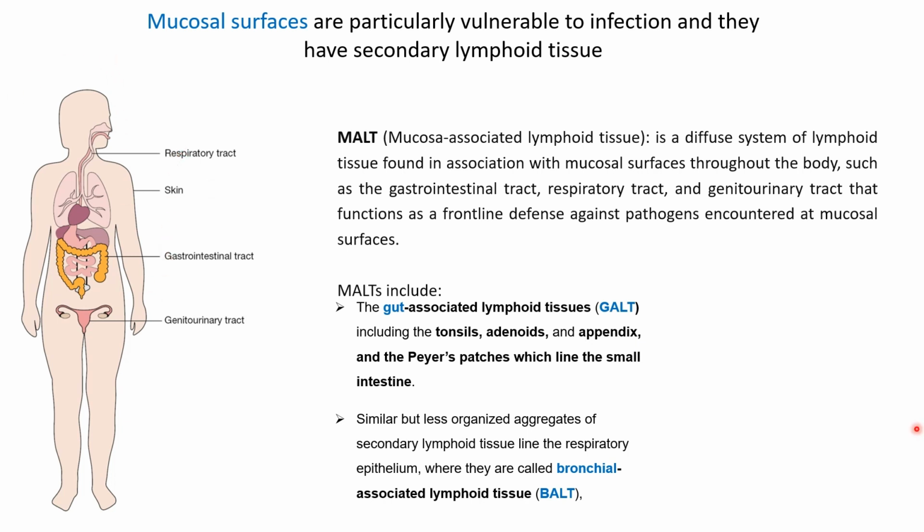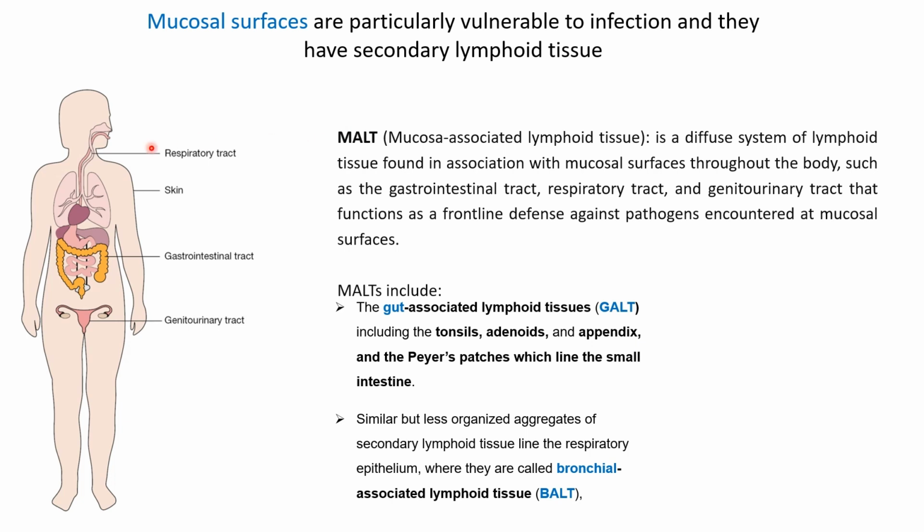The skin is considered to be the largest organ in our body, and the skin has been postulated to possess a diffuse type of lymphoid organization, and this is called SALT, for skin-associated lymphoid tissue. But this is a controversial subject. MALT in general refers to all the mucosal associated lymphoid tissue, including any skin-associated lymphoid tissue.